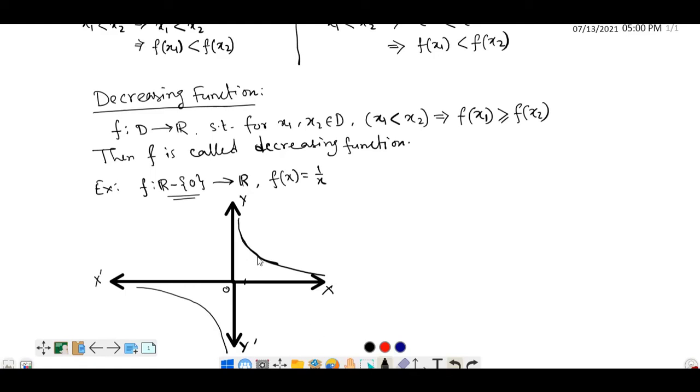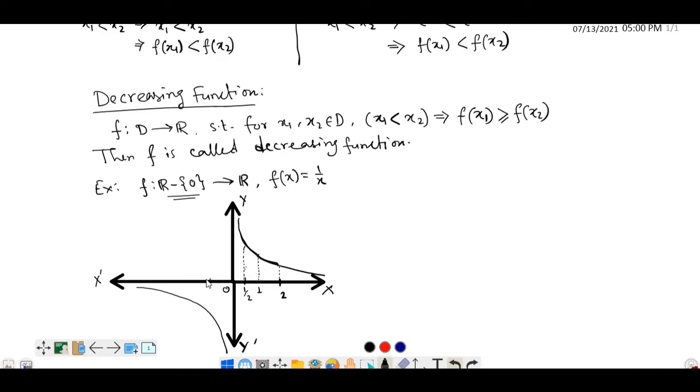For 1, we will be getting the output as 1 because the reciprocal of 1 is 1. But for 2, you will get the output as half. But for half, you will get the output as 2. So this is the way we draw it. It's called the reciprocal function.